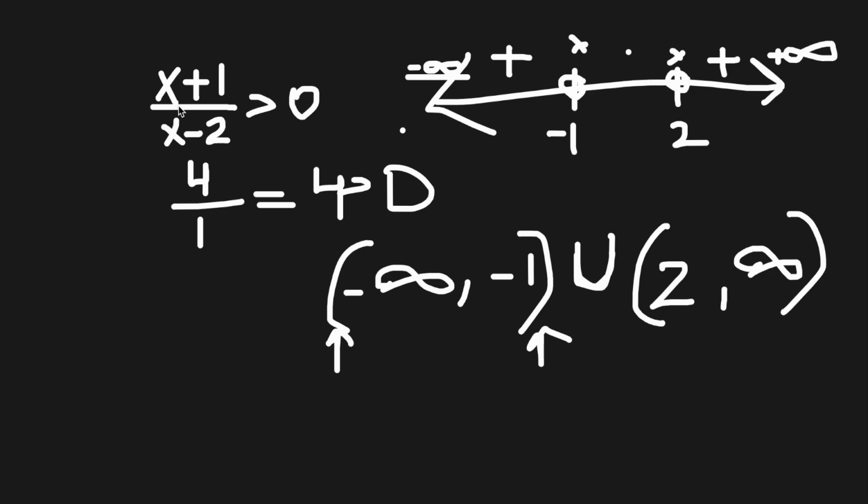And like we already calculated, if it were 0 or some other number like 1, we would get a negative value there. So that is how you would solve rational inequalities.